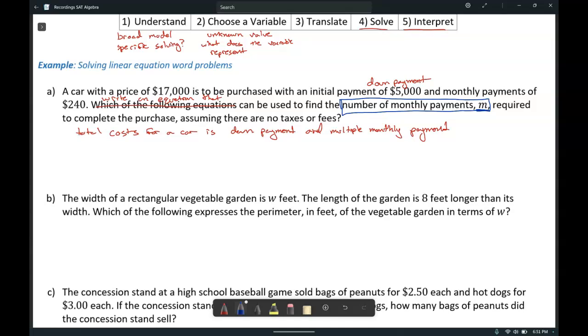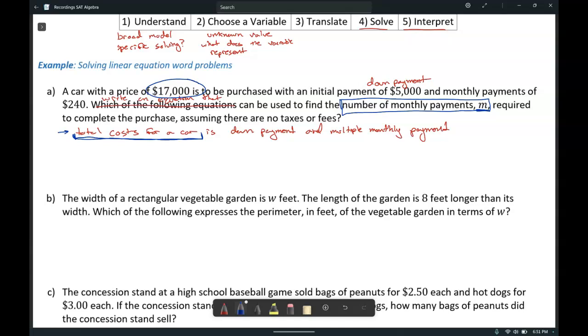Now we can break down this sentence that we wrote into little segments and pull information from the prompt so that we can form our equation. We'll start with the total cost for a car. That's the first part that we have, and we're given that right there in the beginning of our equation.